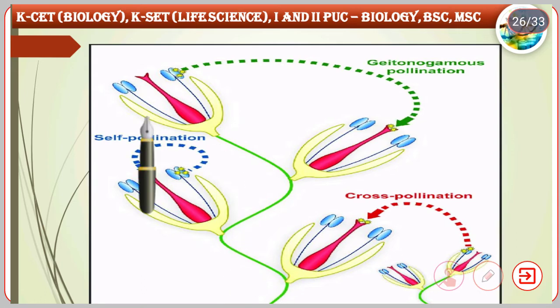Let us take these two flowers. Here there are anthers and stigma, and in this flower there are also anthers and stigma. The pollen grains transfer from here to another flower, but the plant is the same. The plant is the same but the flowers are different.